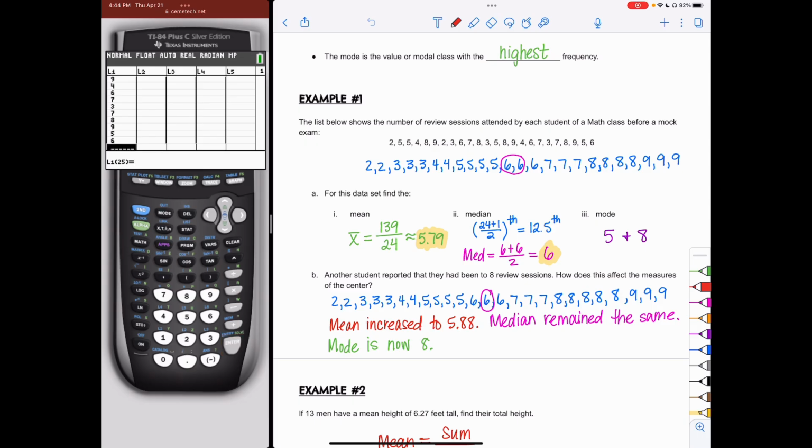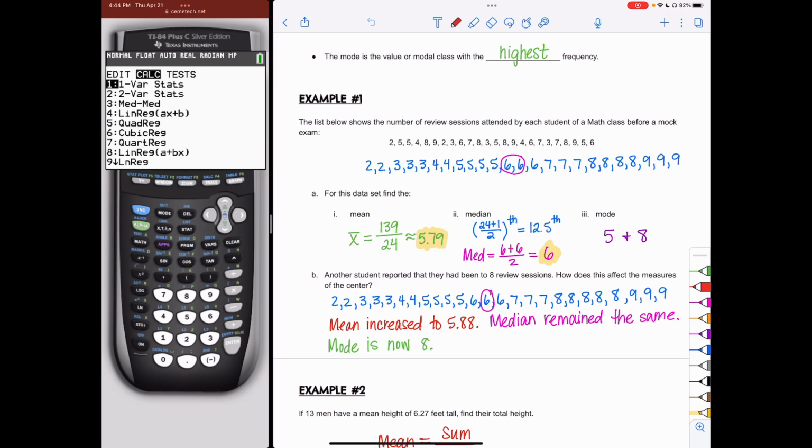Okay, so because I have these numbers here, when I enter them in, I'm going to press stat, and then go over to calc and press number one, one-variable statistics. I am basically going to tell the calculator that I need you to look at the numbers in L1 and find my statistics. Now you do see the words frequency list there.